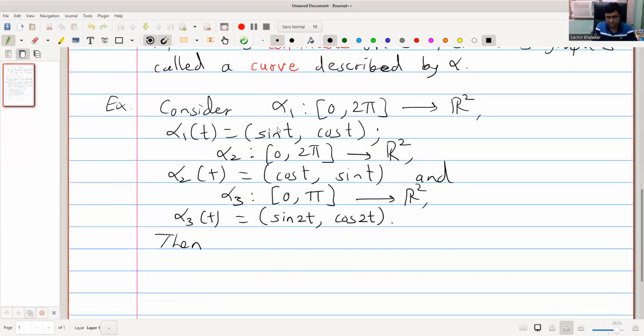You can check. If the components are x of t and y of t, then x of t squared plus y of t squared is sin squared t plus cos squared t, and that is equal to 1. So alpha 1 of t traces a circle in R2 centered at origin, radius equal to 1. Same thing is true for alpha 2 and alpha 3.